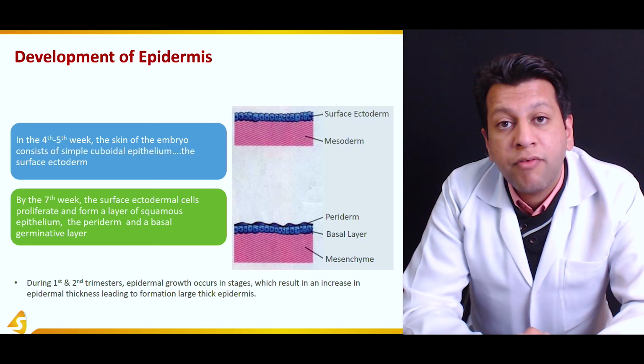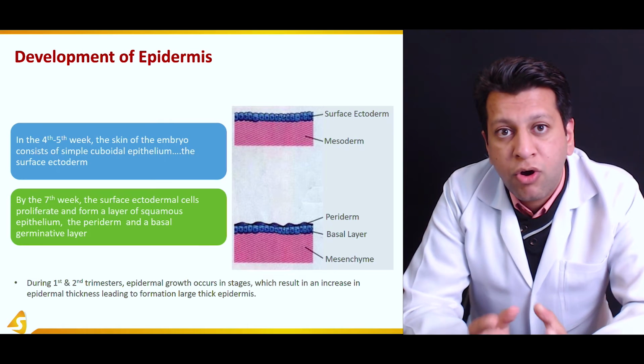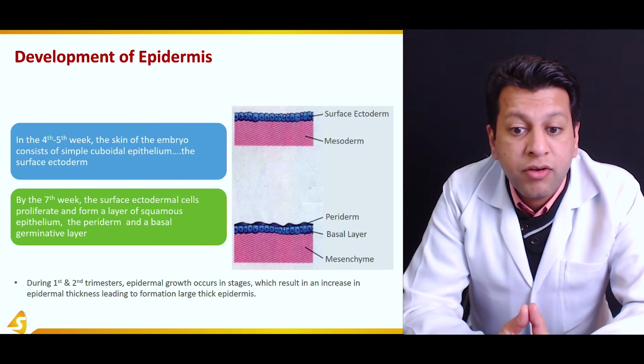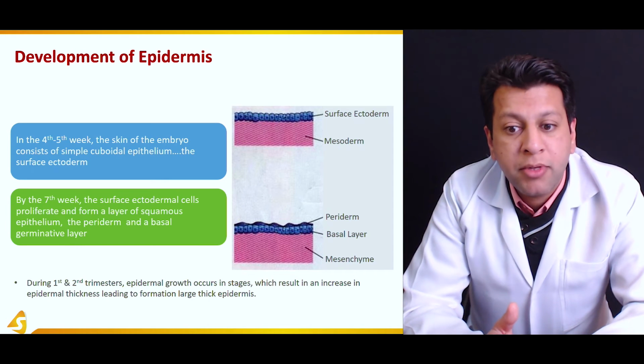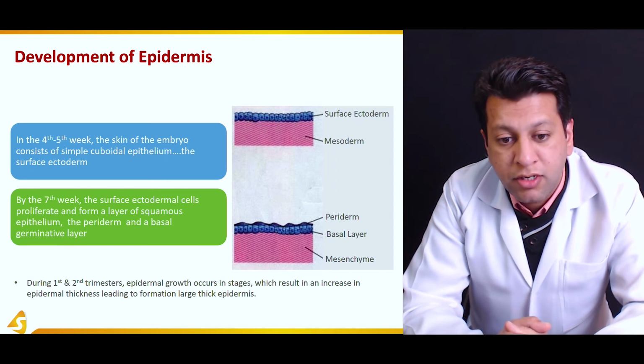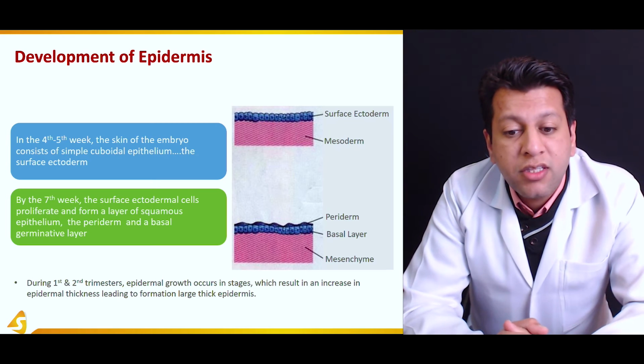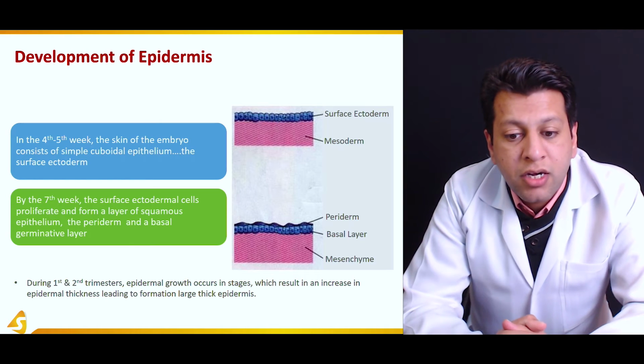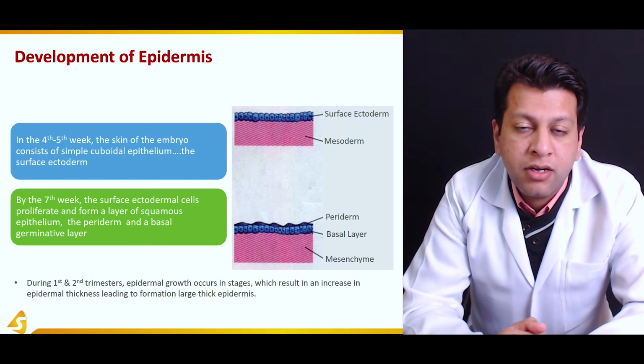Coming to the development of epidermis, how the epidermis develops. In the 4th or 5th week, the embryo skin consists of simple cuboidal epithelium, the surface ectoderm. By the 7th week, the surface ectodermal cells proliferate and form a layer of squamous epithelium, the periderm, and the basal germinative layer.